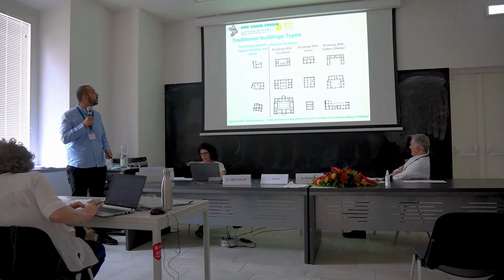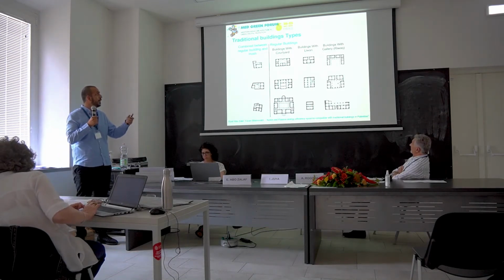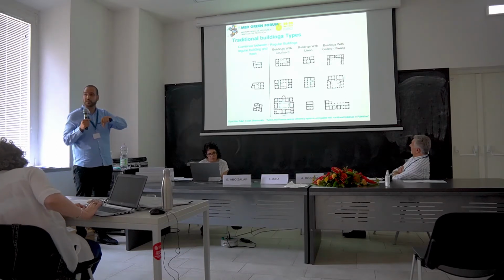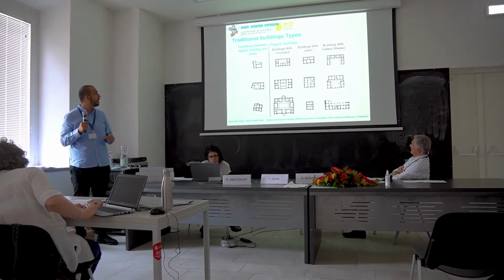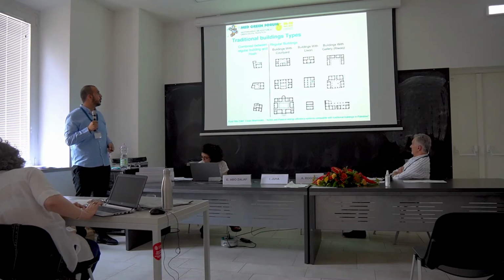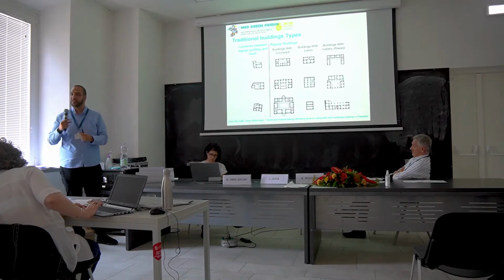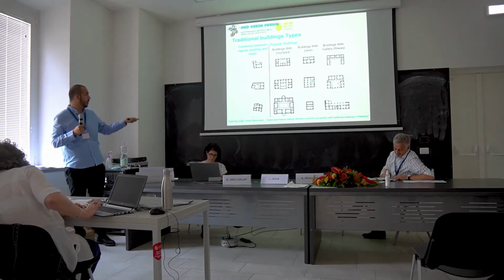We find buildings with a rewaq or gallery, what we call Liwan, which is the central space in the building, and buildings with courtyards. We also have combined types, where a regular building had other units added around it.